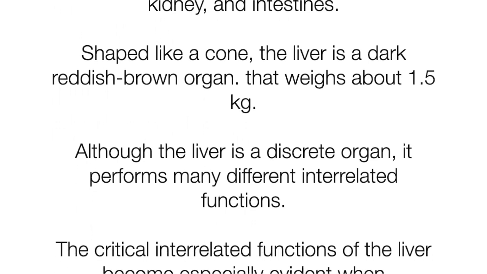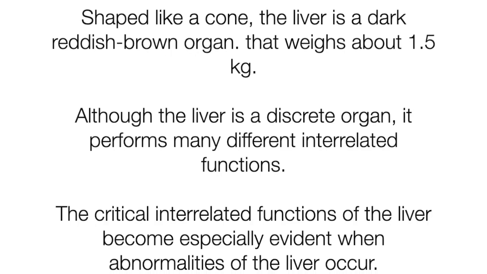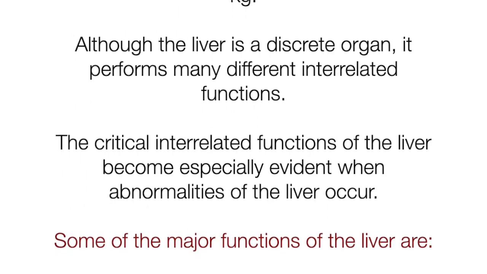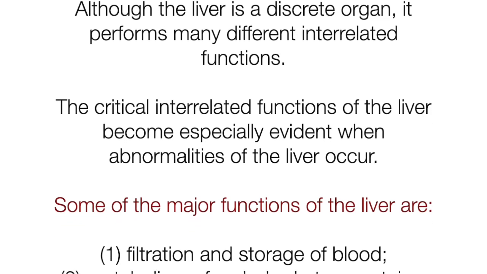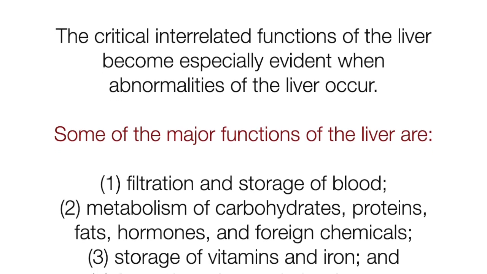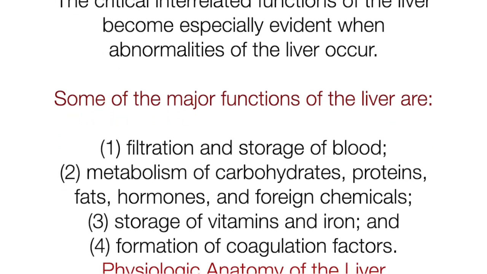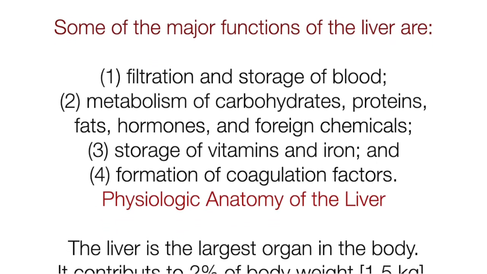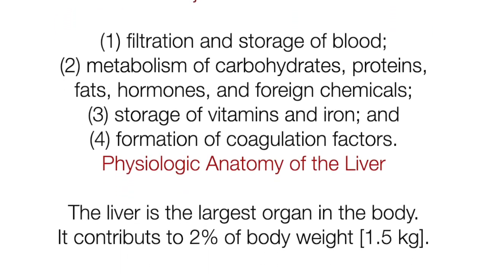Some of the major functions of the liver are: 1. Filtration and storage of blood. 2. Metabolism of carbohydrates, proteins, fats, hormones, and foreign chemicals. 3. Storage of vitamins and iron. And 4. Formation of coagulation factors.